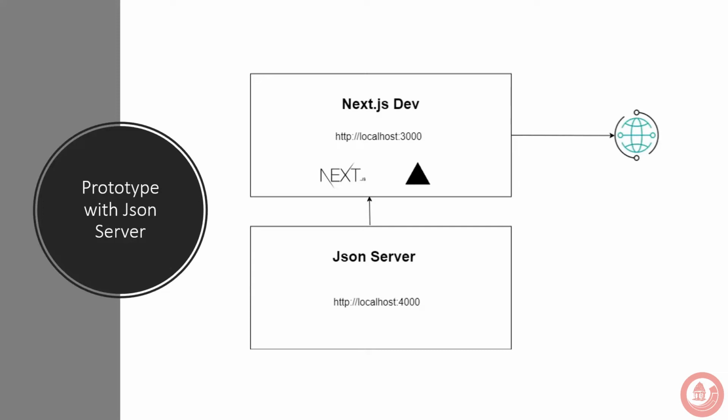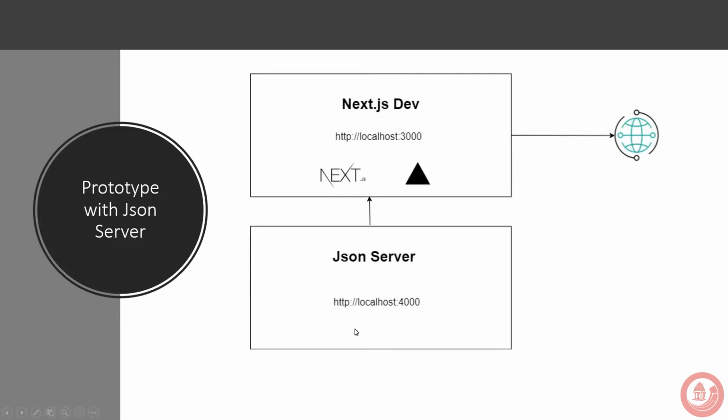So I can start with JSON server and build my Next.js application, and using that I can build the website to start with. So that was the next step. That's how I built the site using Next.js without having a content management system.